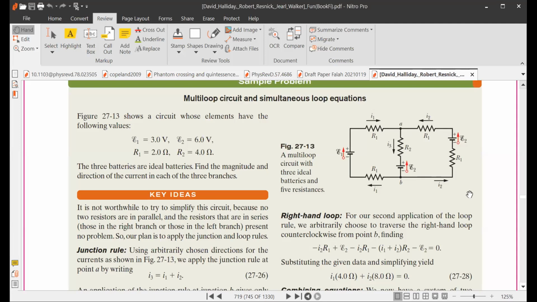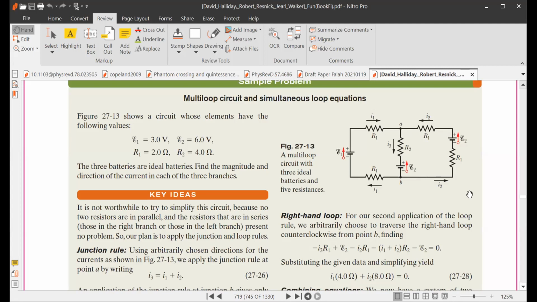Okay, so Figure 27, Sample Problem 13. We have two voltage sources, two batteries. Epsilon 1 is 3 volts and epsilon 2 is 6 volts, okay?